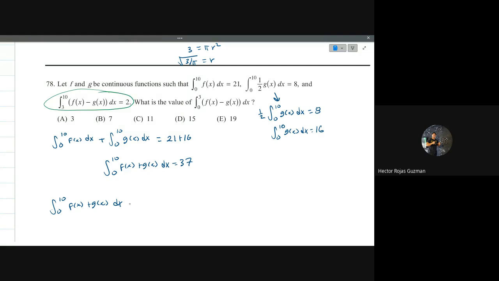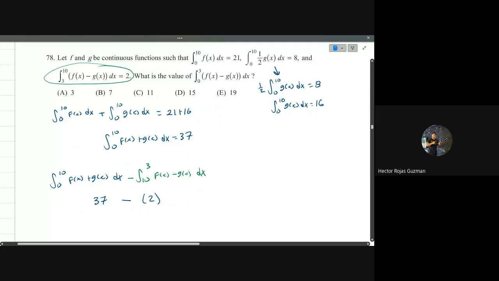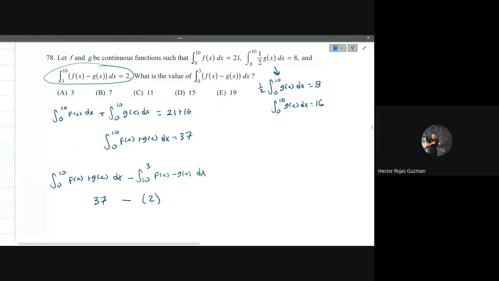So minus the integral from 10 to 3 of f of x minus g of x dx. So we already established that the first integral that we created was 37 minus the integral in green is 2, right? Just don't forget that we have a subtraction sign right there. Oh, and this, I'm not getting this one because I'm going to get 35 right now. Let's see. Let me look at my work.